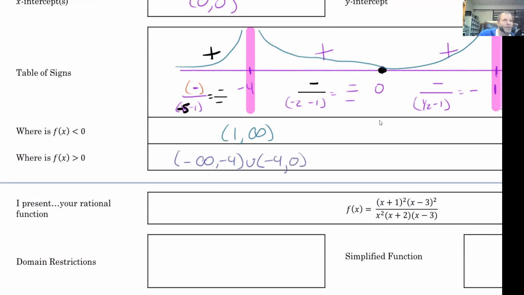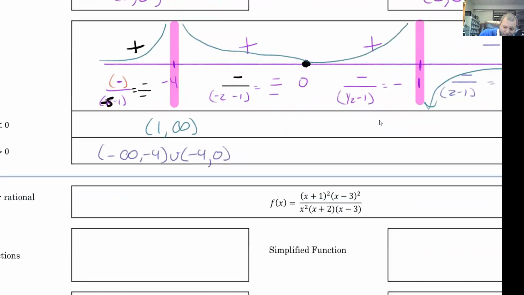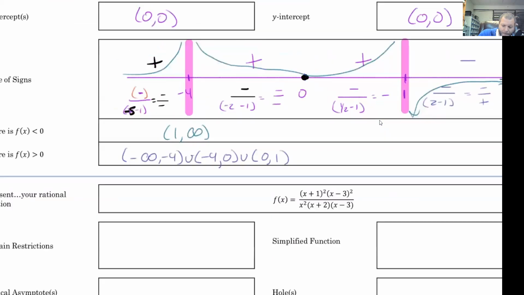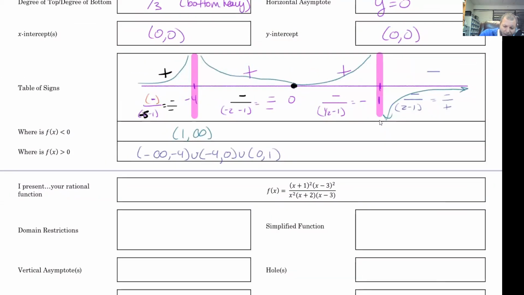We're positive again between negative 4 and 0, but not at 0 because we're equal to 0 there. We're positive again from 0 to 1. So this would be where we are positive. And this is not the same as saying negative 4 to 1 as your interval. So just be careful about places where you end up being identically equal to 0.